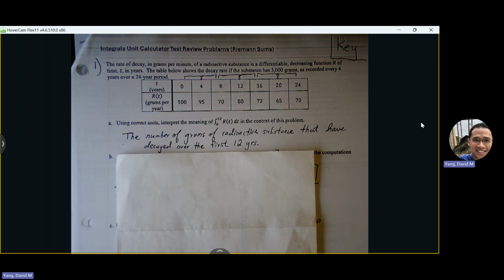So number of grams of radioactive substance that have decayed over the first 12 years. Whenever we find a derivative, we're changing the units. So the integral also changes our units as well. We're undoing our derivative back to the function level.